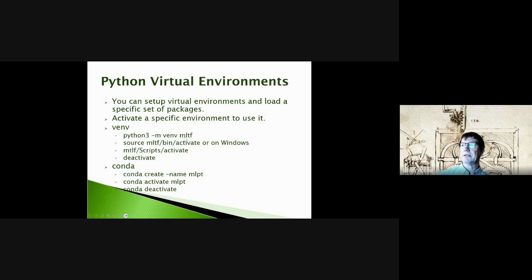So here, if we want to create a specific environment, let's say machine learning TensorFlow, we do python3 -m venv, venv MLTF. Do I have that right? I think so. That creates it, and then you can activate it by sourcing.